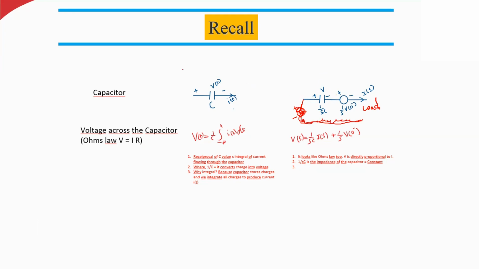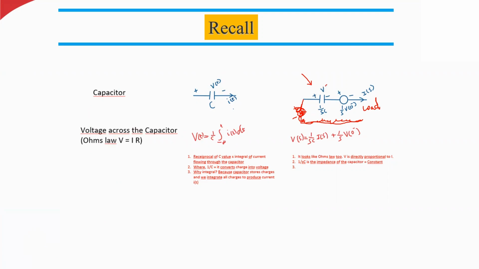Now we are seeing only how to represent the capacitor in time domain and how to represent the capacitor in S domain. That is our point right now. So now you know this C. In the S domain, you have to write 1 divided by SC, and the voltage, here is small v(t), here is capital V(S). I think I missed writing this.